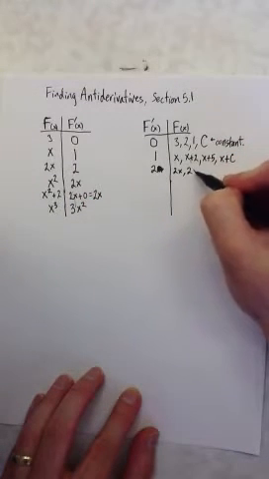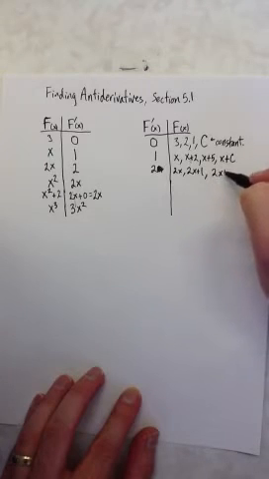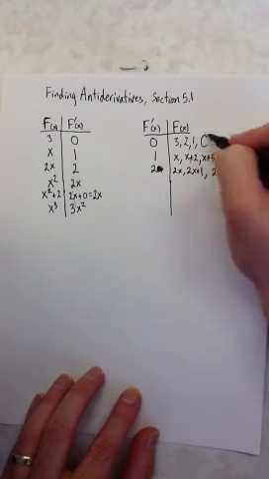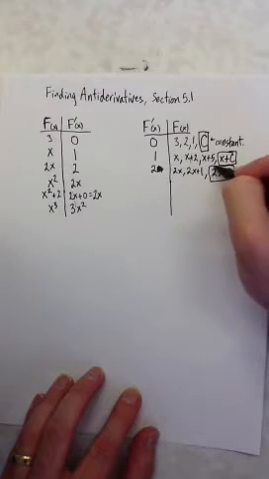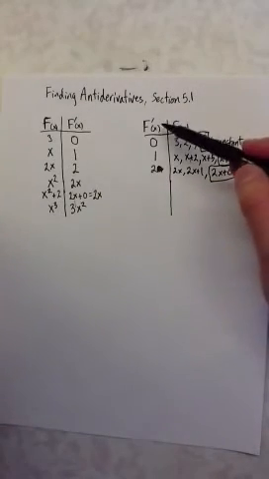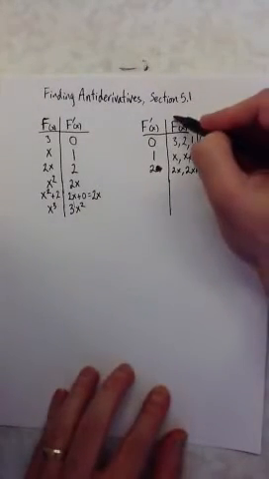It could be 2x plus 1, and again I can add any constant I want, so in general I say 2x plus c. Now I'm going to circle or square the most general forms of the antiderivative, or the opposite of the derivative. If I give you the derivative, this is called the antiderivative right here.